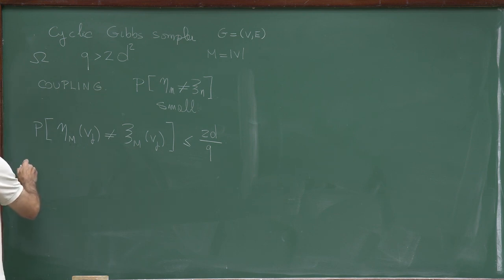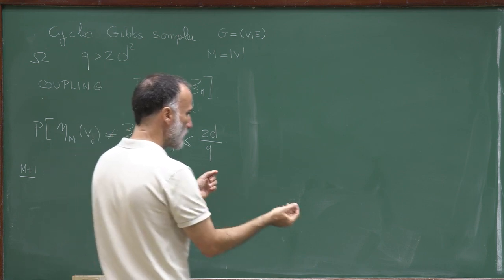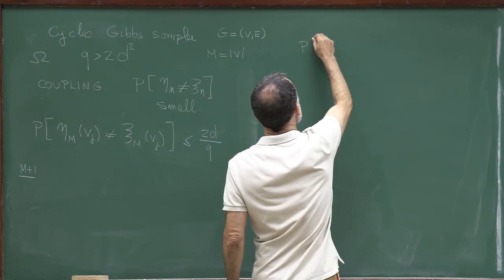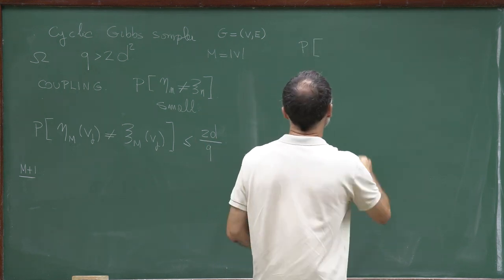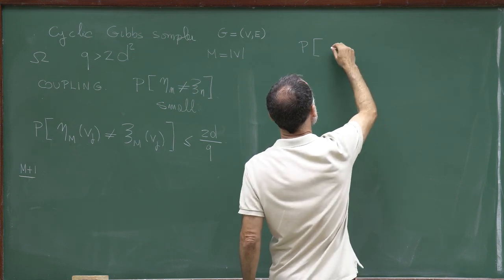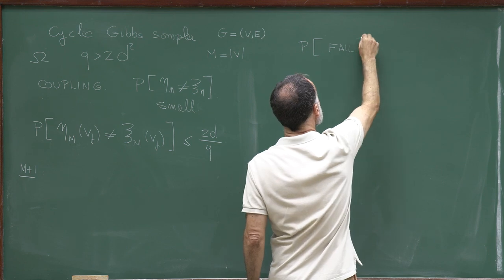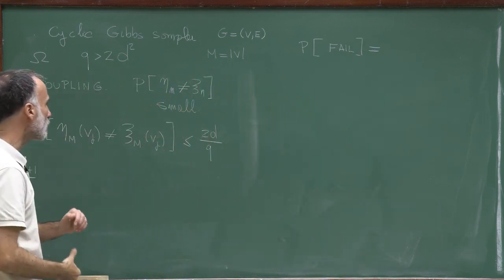Now I start at time m plus 1, and I will repeat the same procedure. So I'll try to give the same color to eta and xi at vertex V1. But now I claim that I can get a slightly better bound, because what is the probability that I fail to give them equal colors?